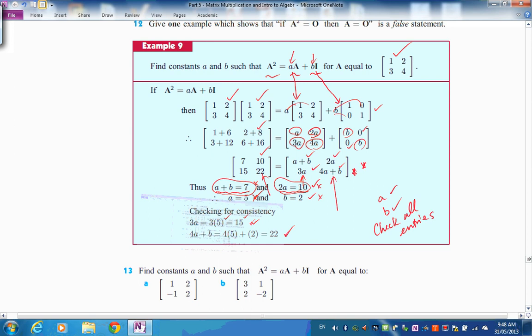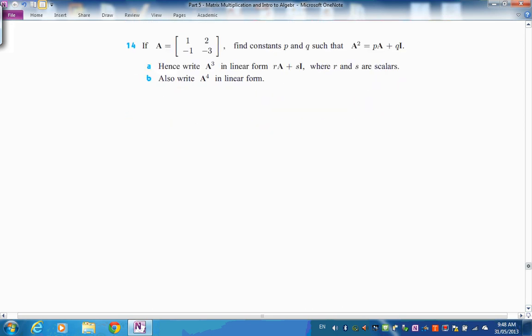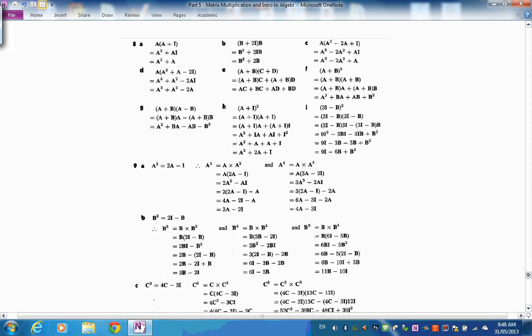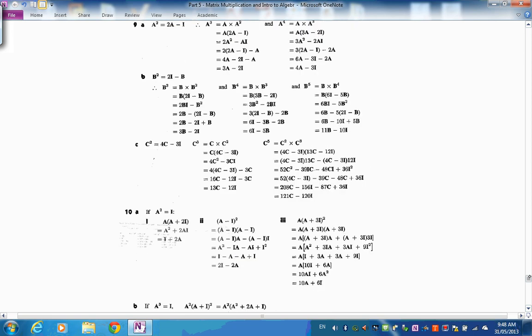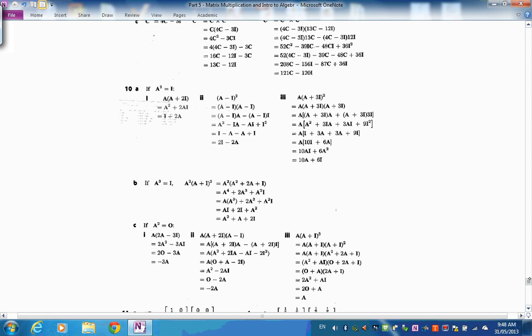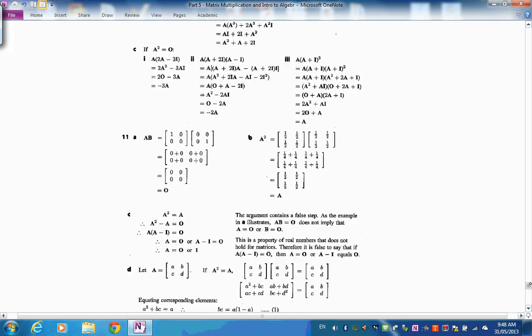Okay, come down, use that tool now, and have a go at 13 and 14. And of course, now I'll take you down to the solutions. Through the solutions now. So here they are, starting at question 8 for this little batch. 9. Okay, 10 then. Okay, 11.